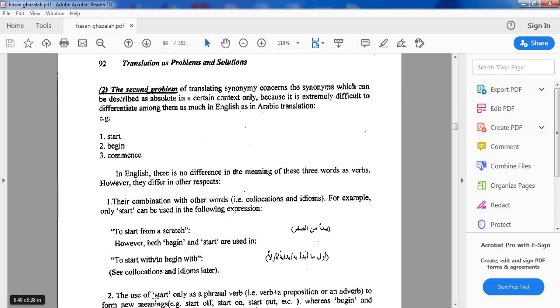Yes, we will see the solution, but first of all, in English there is no difference in meaning of these 3 words as verbs. However, they differ in other aspects. So in meaning, he says we don't have a difference, but they differ in some aspects. So there is a difference in meaning.